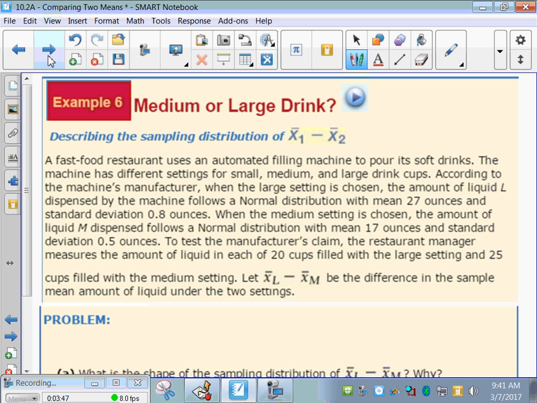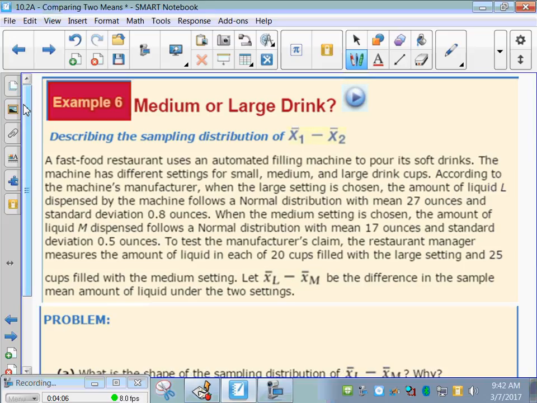All right, we'll do this one first. Describe the sampling distribution of x bar minus x bar. So, a fast food restaurant uses an automated filling machine to pour its soft drinks. The machine has different settings for small, medium, and large drink cups.